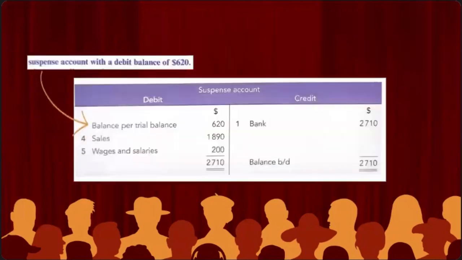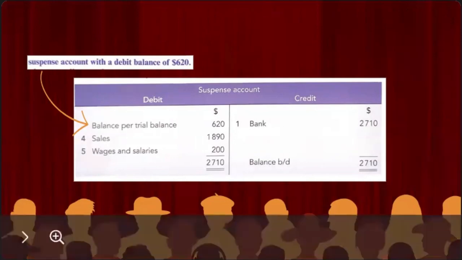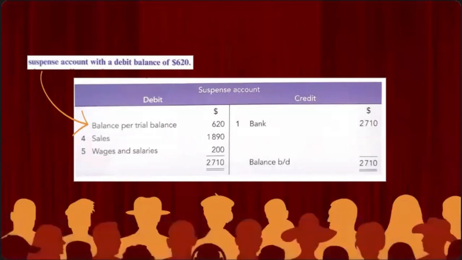Next is starting the suspense account with the balance difference in the trial balance given before. After we make the correcting journal, we then put it into the suspense account. So we start off the suspense account with a debit balance of 620.